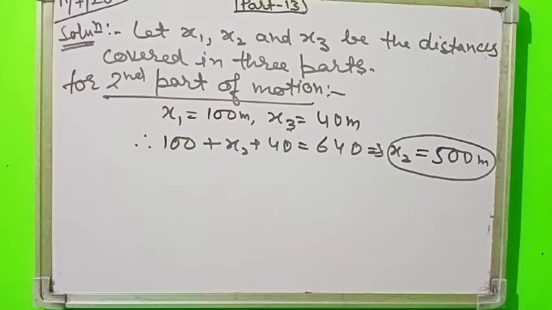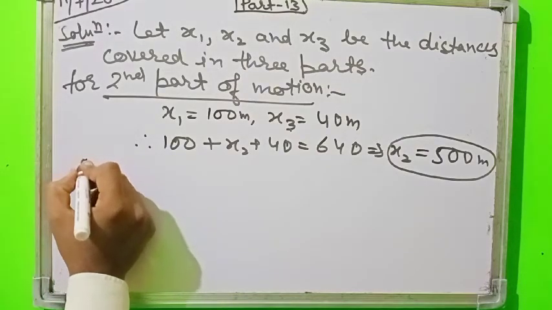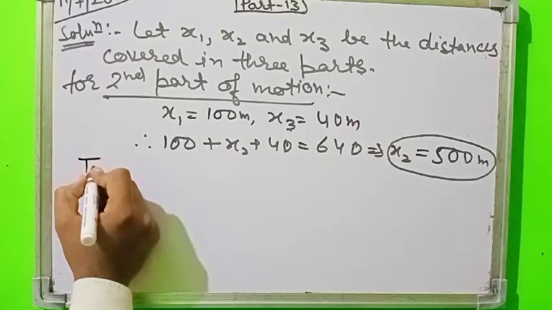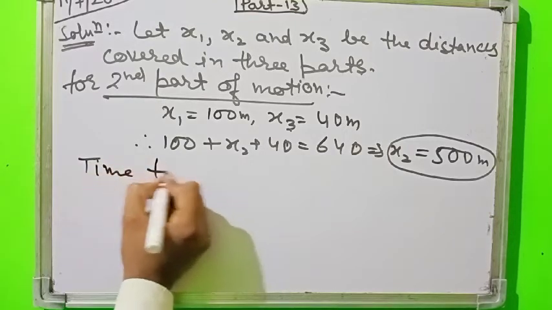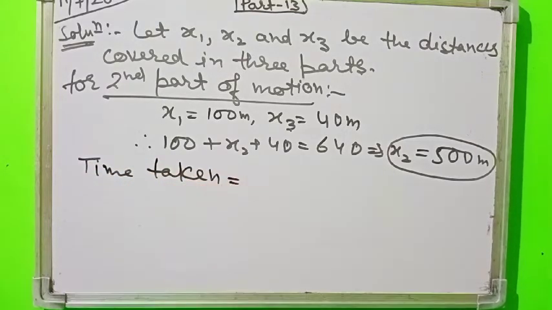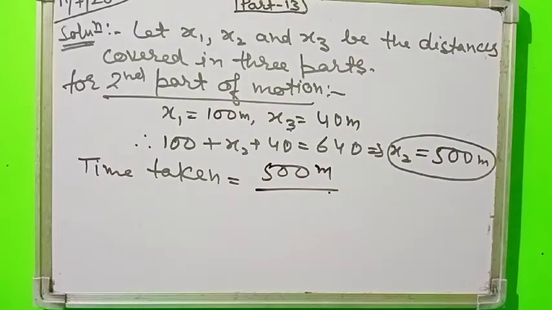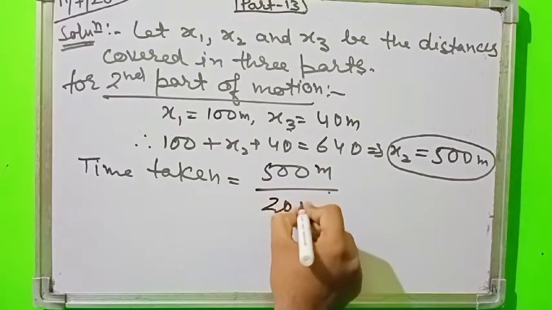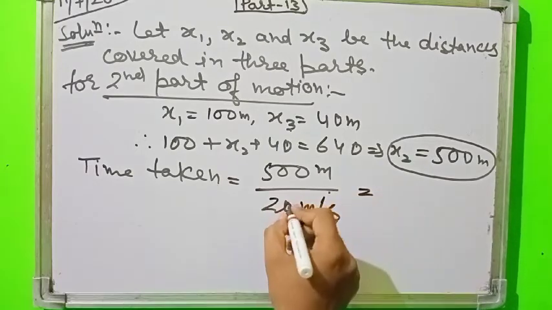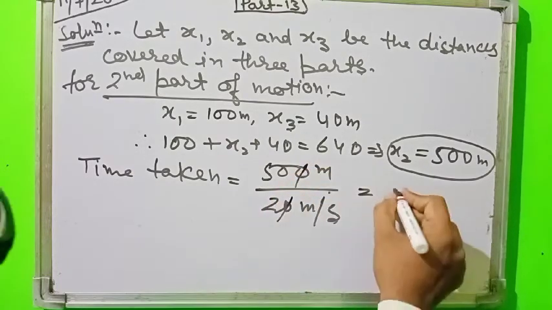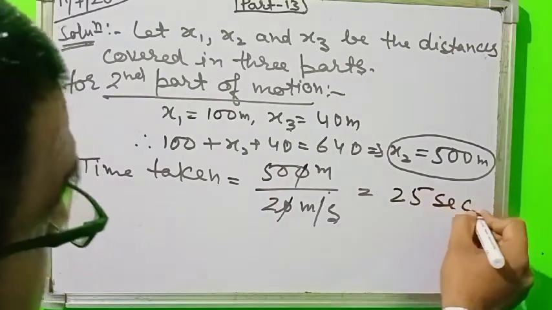Since it is uniform motion, the time taken to cover the distance is 500 meter upon the constant speed of 20 meter per second, which is equal to 25 seconds.